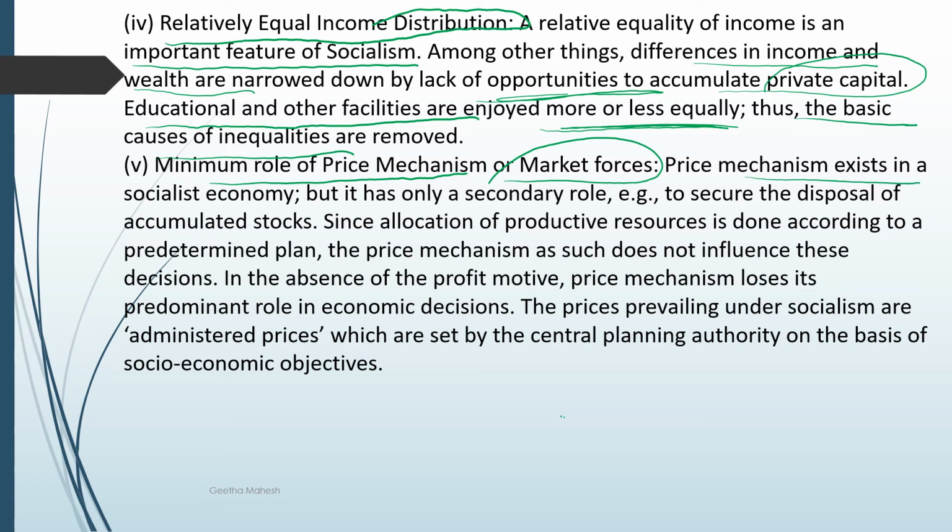Price mechanism exists in a socialistic economy only in a secondary role, for example, in order to dispose of the accumulated stocks. Since the allocation of productive resources is done according to the predetermined plans by the planning authority, the price mechanism does not influence their decisions.